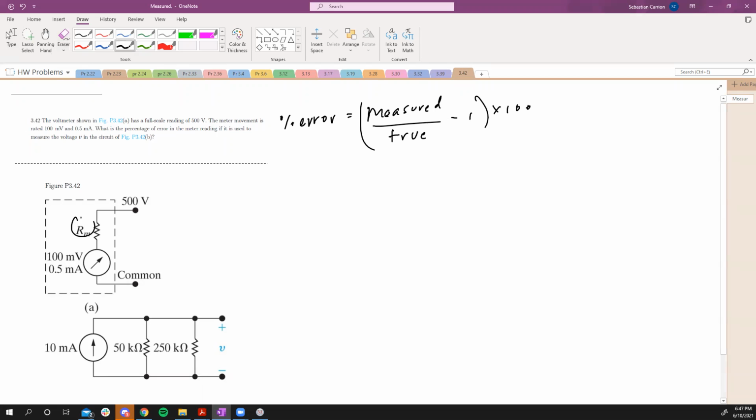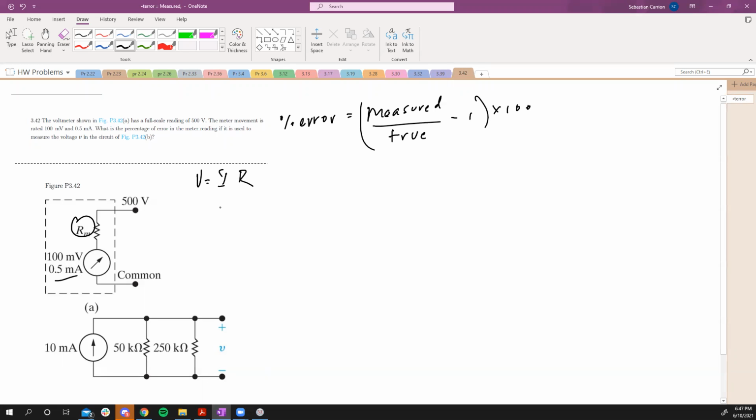I guess Rm is accounted for as one of them, and the meter movement shown here also has one as well. So then, since the meter movement is already rated for 0.5 milliamps, we just use Ohm's law, right?